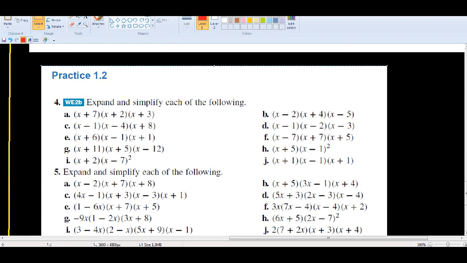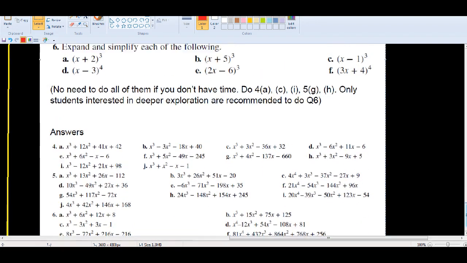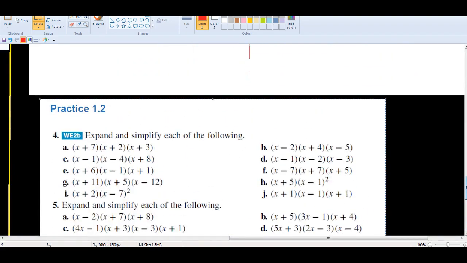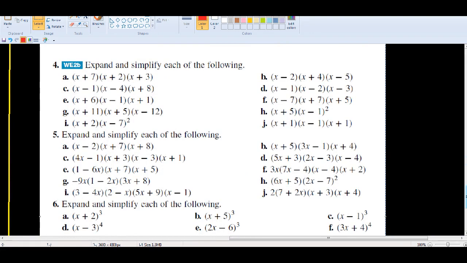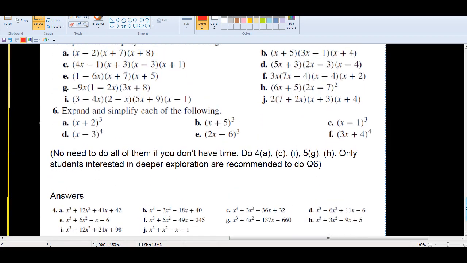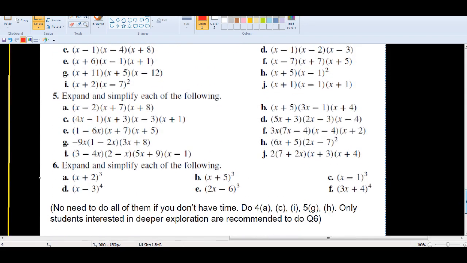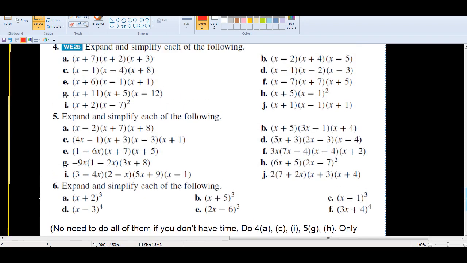What you need to do is to make sure you know how to multiply 3 binomials together, only 2 of them with a term outside, or how to do power 3 and power 4. I would recommend you not to do all of them. That will take you a lot of time, but you need to make sure you understand.